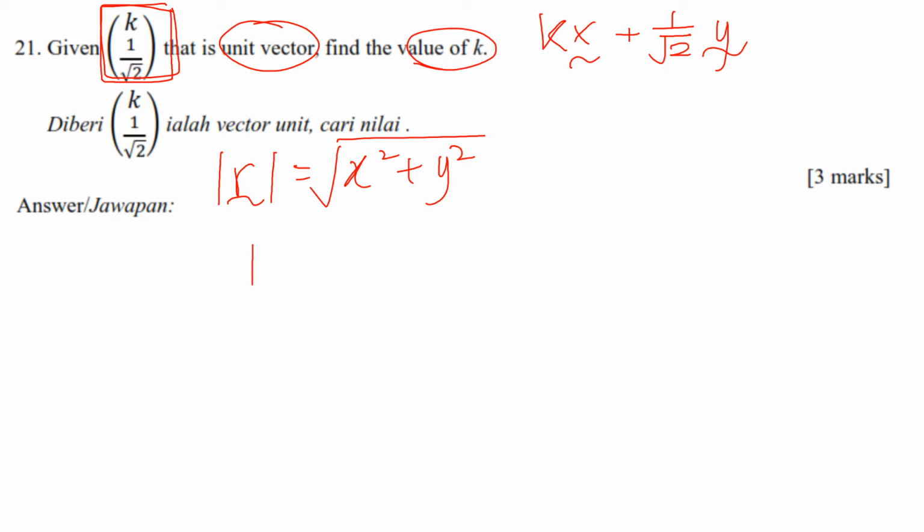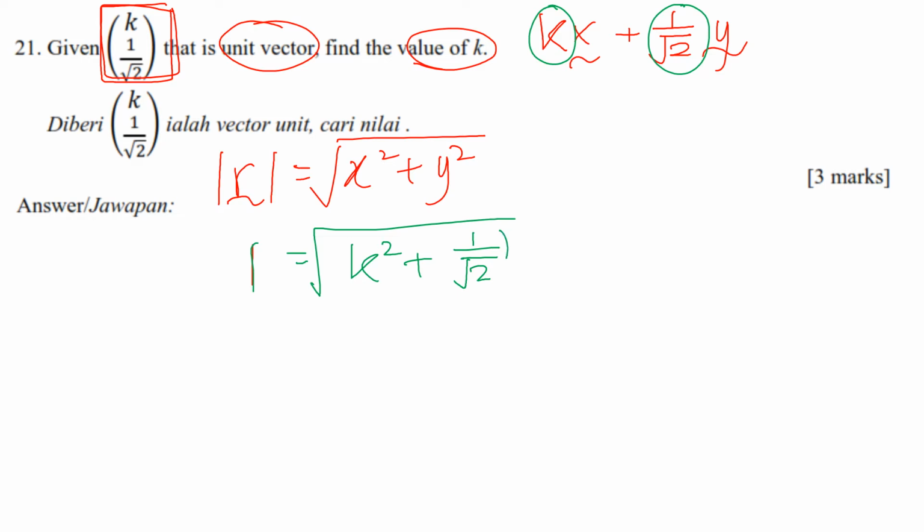Okay, equals to my working. I use blue color. 1 equals to square root, in green color, what is my x? k squared plus, what is my y? 1 over square root 2, squared. So when I have this, what do I have?